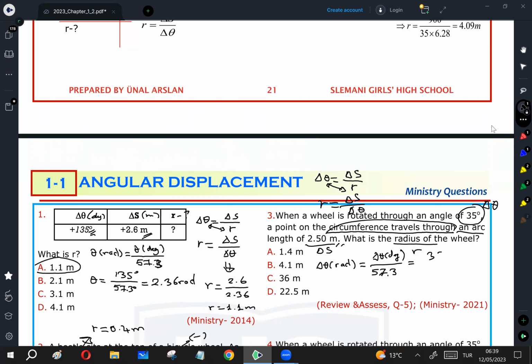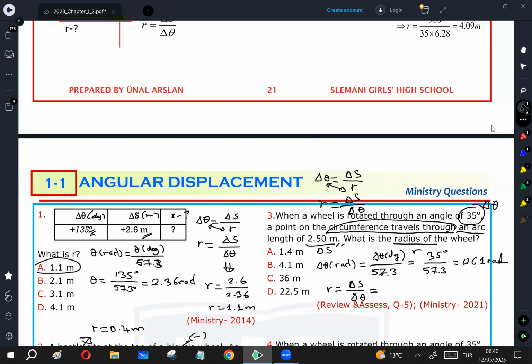So 35 degrees is divided by 57.3. How much is it? 35 divided by 57.3 is 0.61 radian. And now we can calculate how much R is. R is equal to delta S over delta theta.